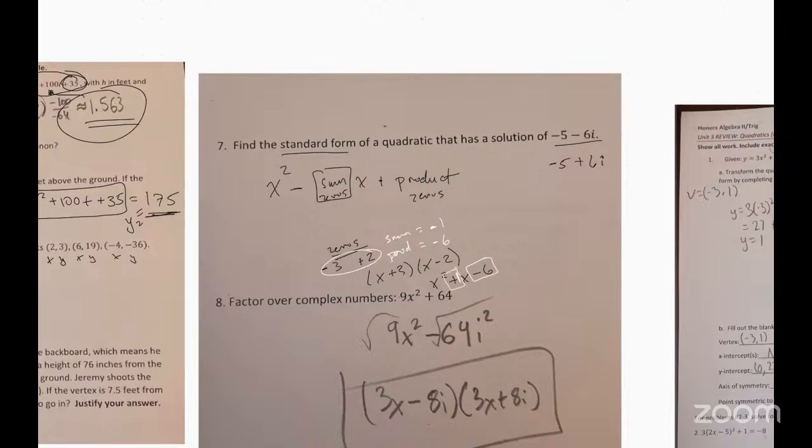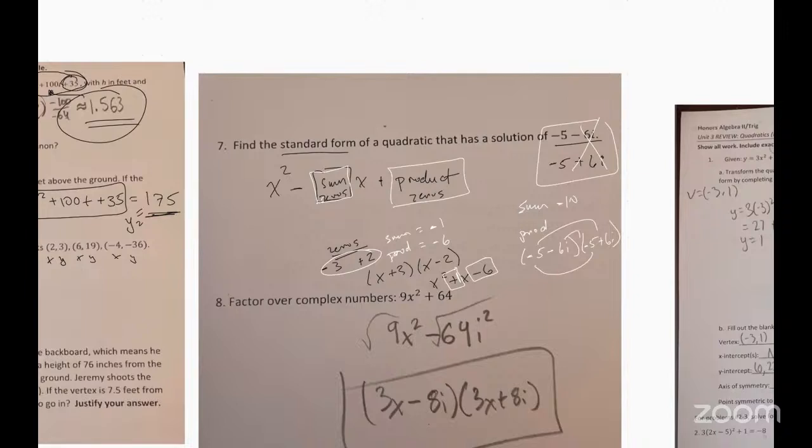So if you know what your two zeros are, the sum is easy because these cancel and it's just -10. And the product is pretty easy too if you multiply these two together, because remember they're conjugates of each other, so the inside and the outside will cancel out. So you'll just get -5 times -5, which is 25, and then -6i times -6i, which is -36i squared.